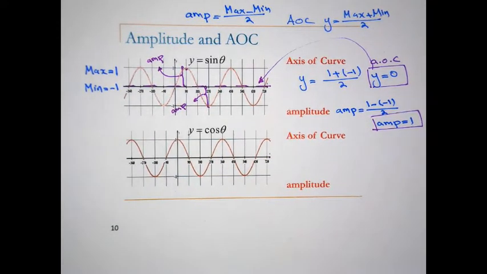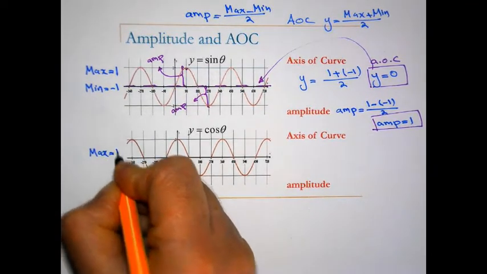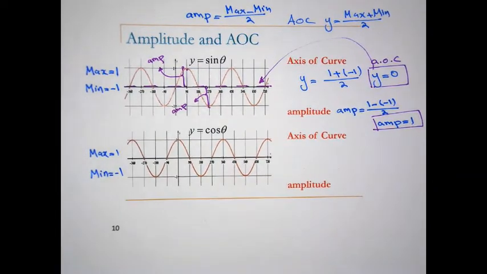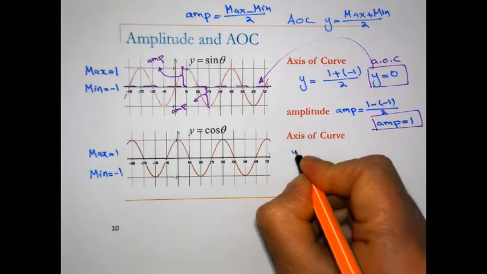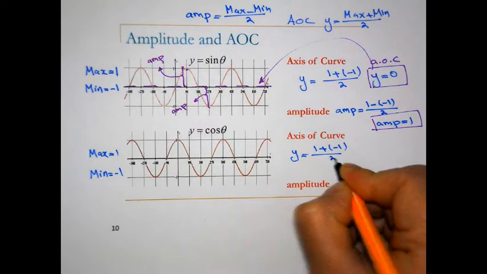Now for cosine theta, we have the same max and min values. Max is 1, min is -1. So we will have exactly the same axis of curve. So y equals 1 plus -1 over 2.